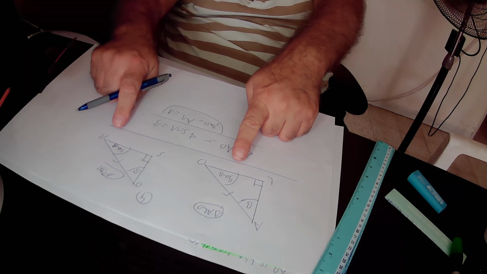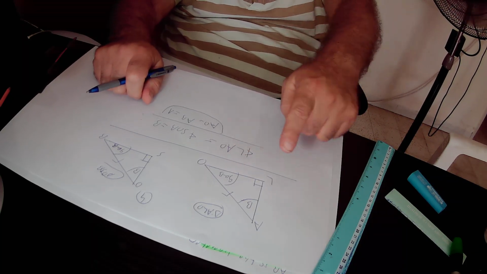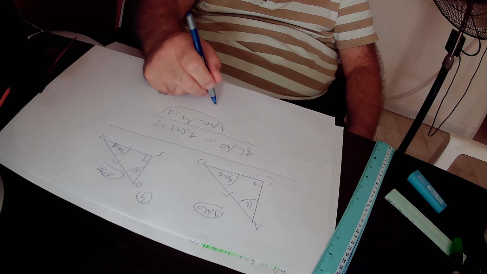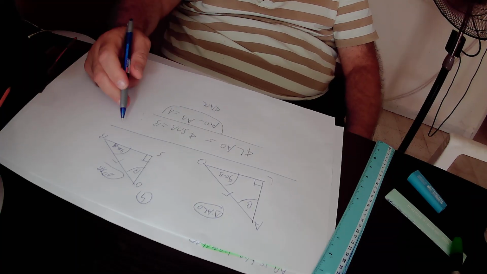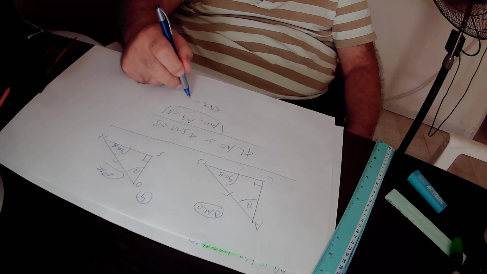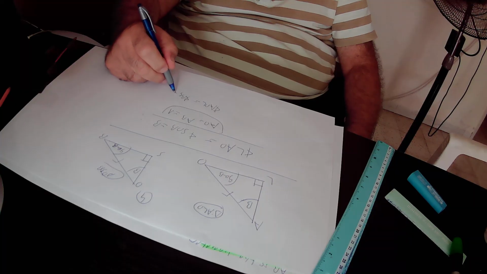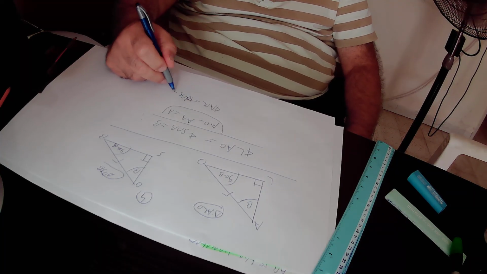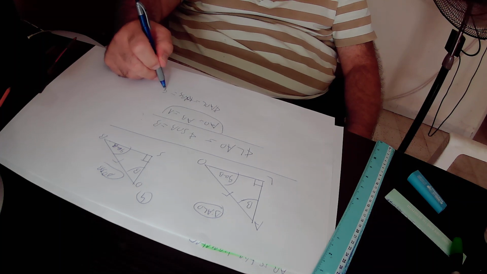So I write it down: this is angle AOL is equal to this angle OBS. They are both equal to 90 degrees minus beta and therefore they are equal to each other.